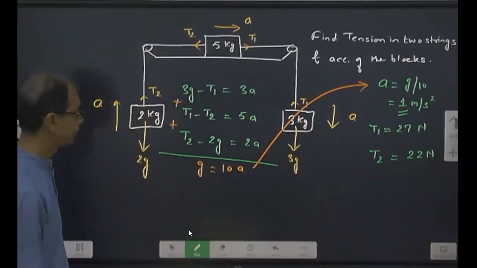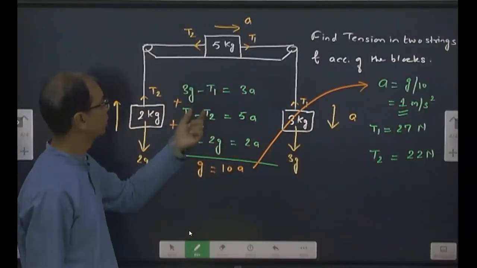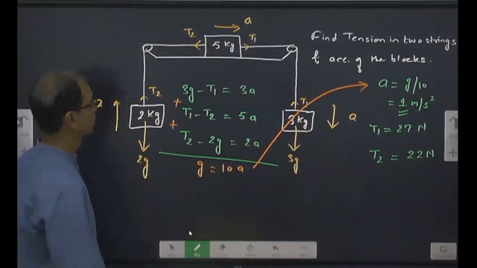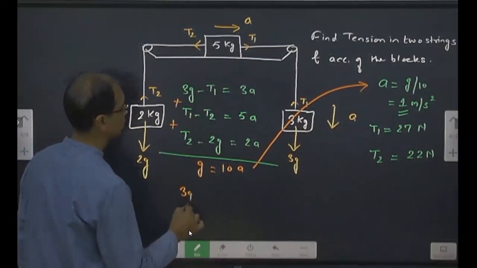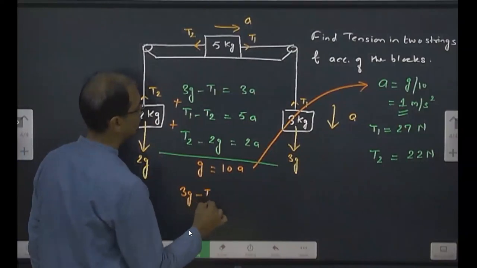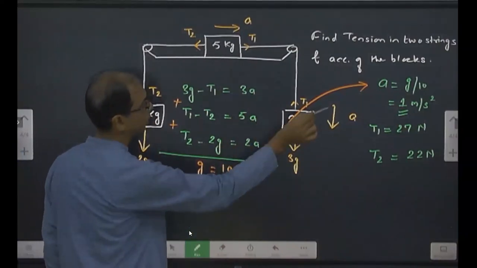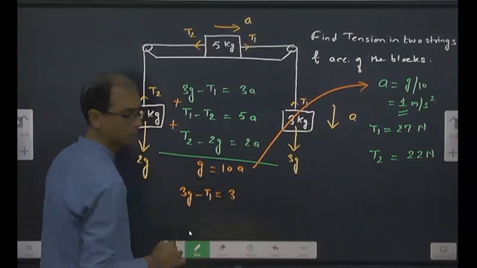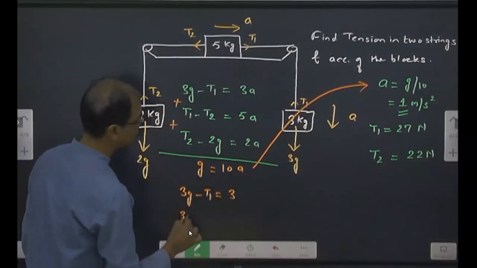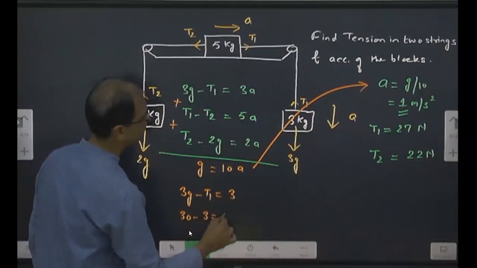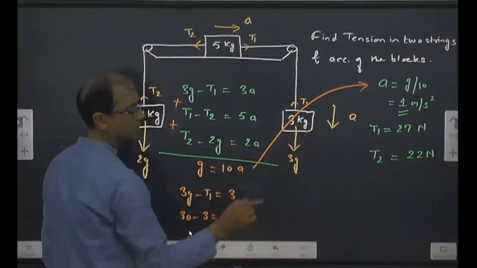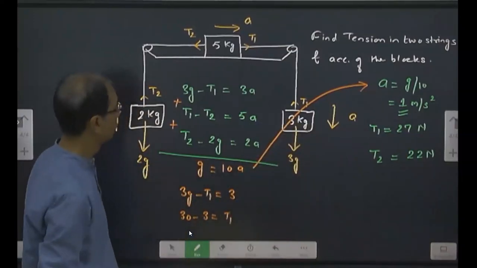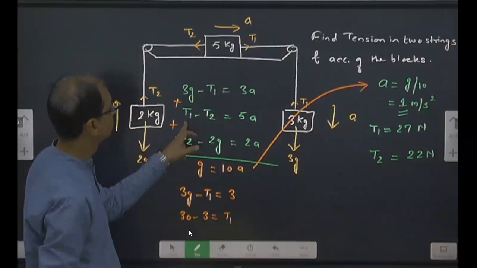After that, put this acceleration value in the first equation. So 3G minus T1 equal to, A value is what? 1. So 3G means 30. 30 minus 3 equal to T1, 27. I have written that. Same way, this T1 value you can put here.